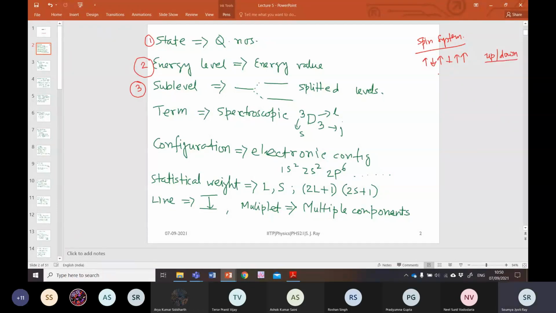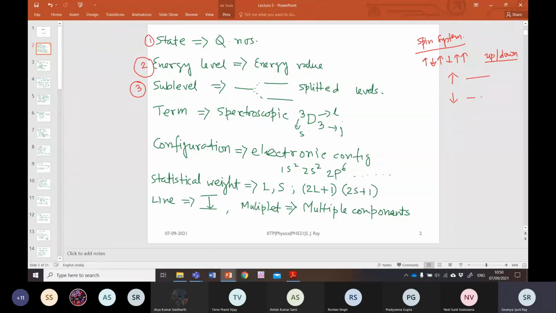Now let's say I apply some external magnetic field. In that case, the degeneracy will be lifted, and the energy levels of the up spins and the down spins will no longer be the same.